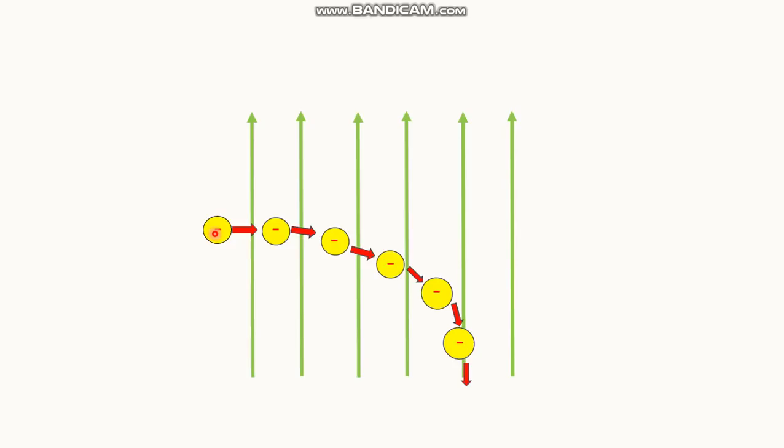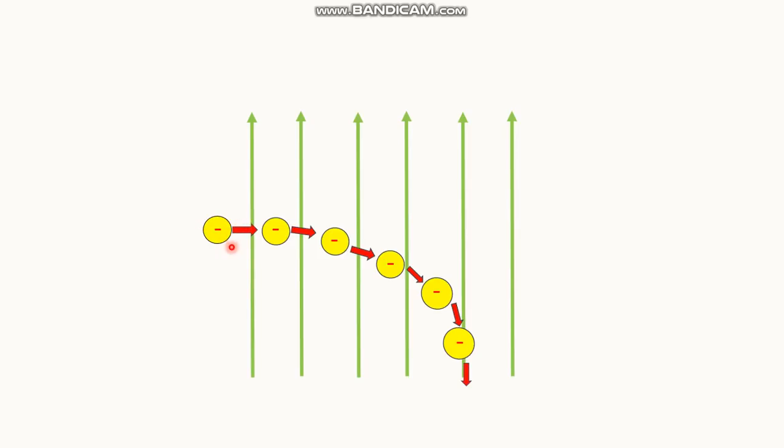As this electron moves towards this region, the force exerted due to this electric field will be opposite to the direction of the electric field. Because if we have a positive charge, the direction of the force exerted by this field is the same as the direction of the electric field. But if it's a negatively charged particle, then it will be opposite.